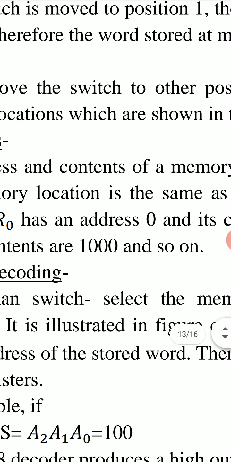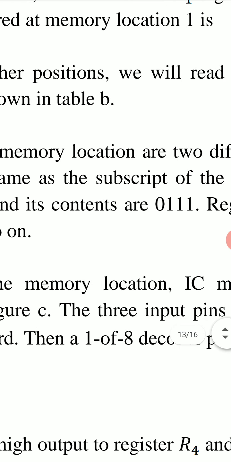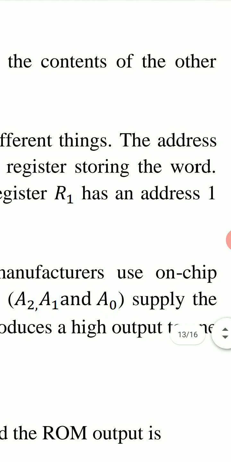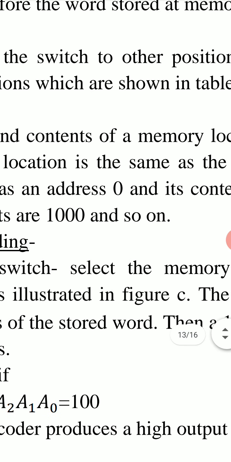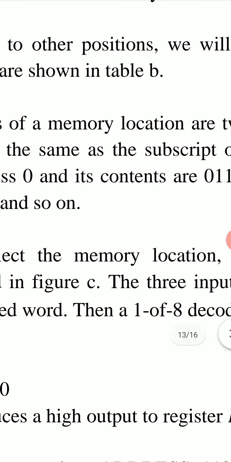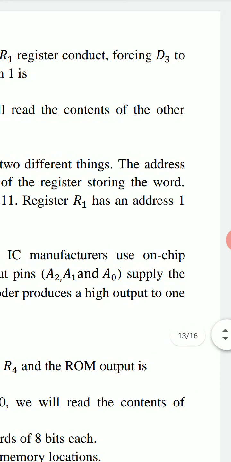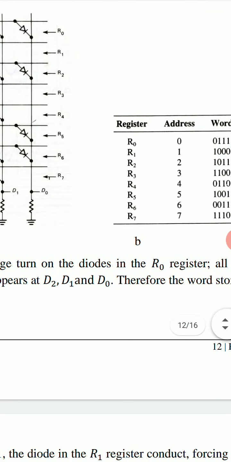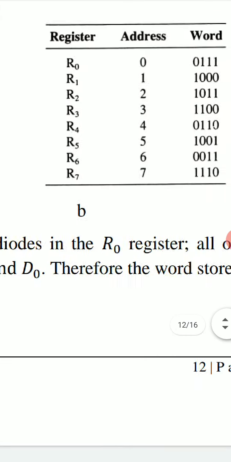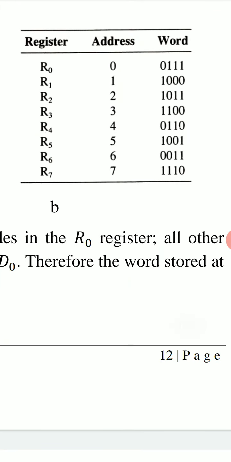As we move the switch to other positions, we will read the contents of the other memory locations which are shown in table B. This is the table which shows the contents of different registers R0, R1, R2, R3 up to R7.